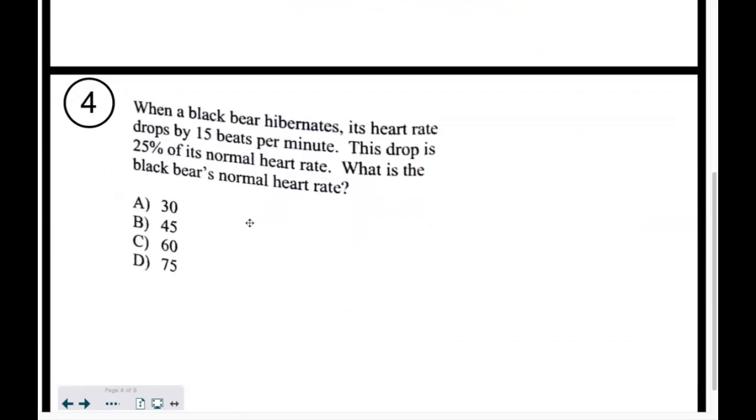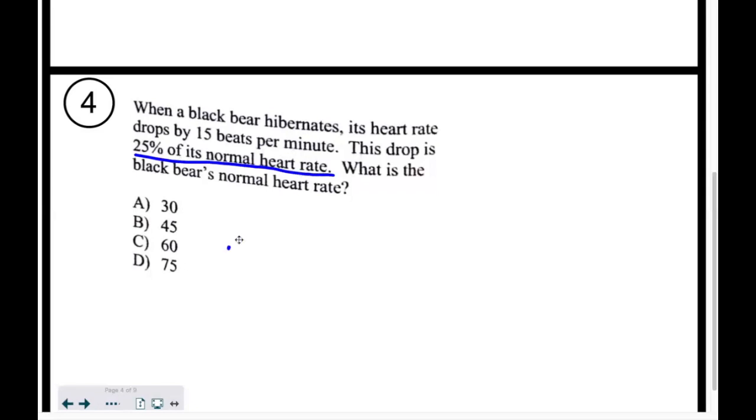All right, on to number four. All right, so when they hibernate, their heart rate drops by 15 beats. This drop is 25% of its normal heart rate. Okay, this is super important. The reason I want to go over this is because this is not percent increase or decrease. It's 25% of its normal heart rate.